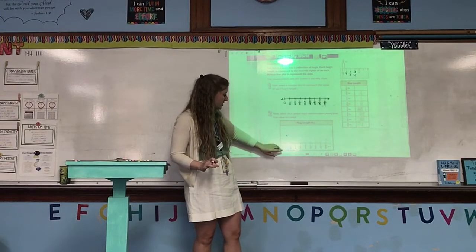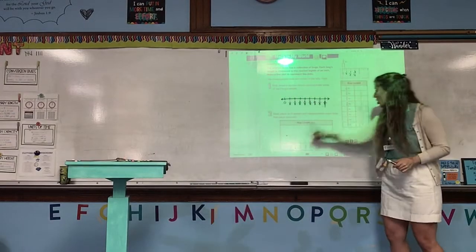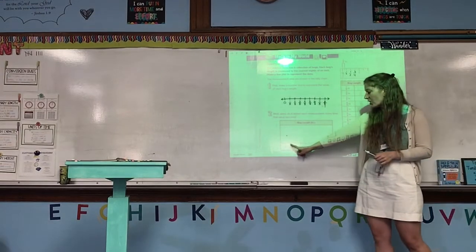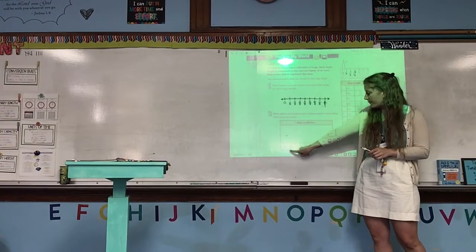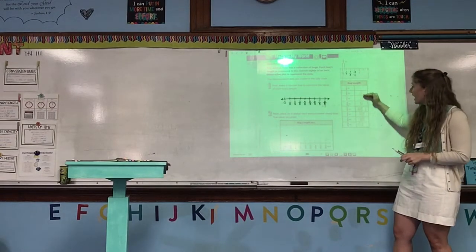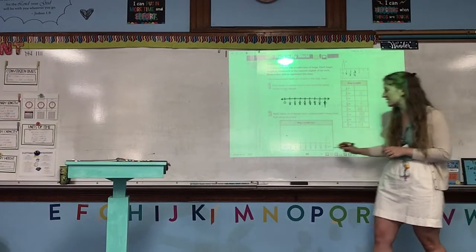So if we look at this chart, we see that there are no bugs that are 1/8 of an inch. So we're going to put no X's above the tally that's labeled as 1/8. Now if we go to 2/8, we see that there are 2 bugs that are 2/8 of an inch.